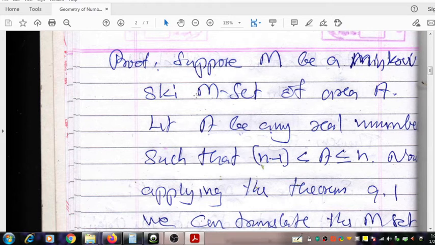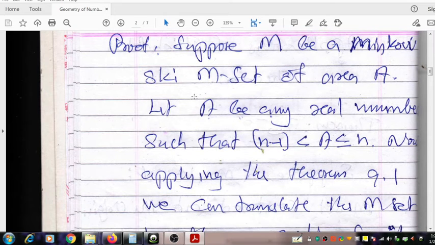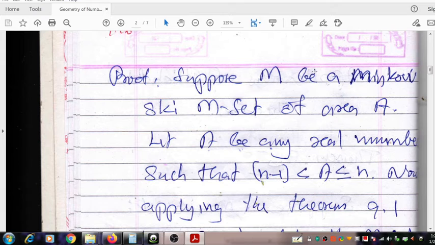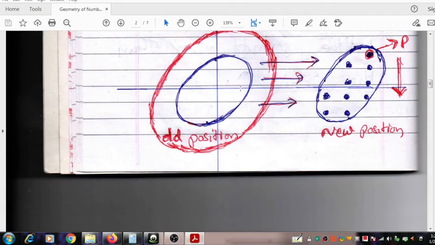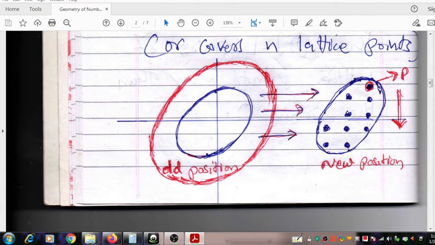Suppose M is a Minkowski M set of area A. The point mentioned here is about the Minkowski set, the reduced Minkowski set. From there we continue.